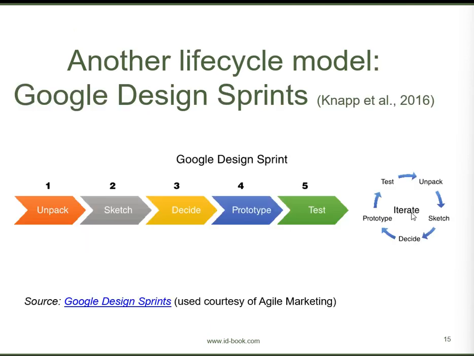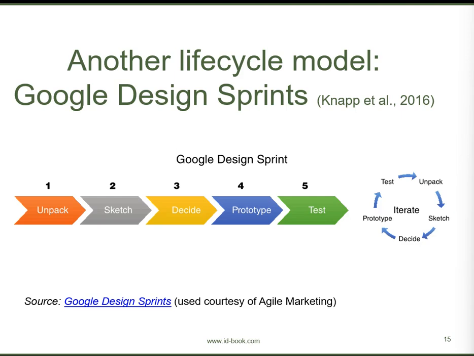Also, there's another example here of a life cycle model, what we call the Google design sprint. This was developed as a structured approach to design that supports rapid ideation and testing.